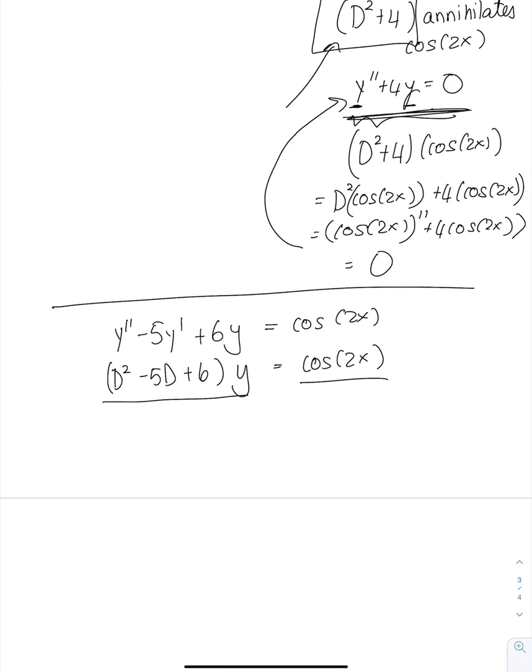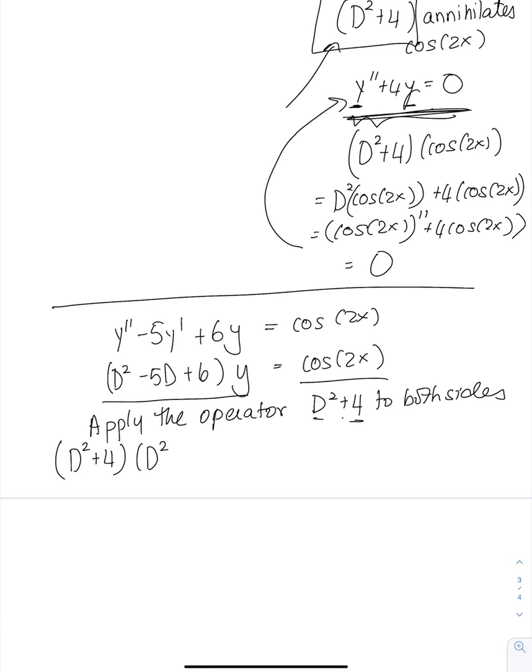So what we're going to do to both the sides over here is apply the operator D squared plus 4 to both sides. What does that mean in words? I'm going to take both the sides, differentiate it twice, and add 4 times the original. Okay, so let's do that. So I'm going to apply D squared plus 4 to both sides.